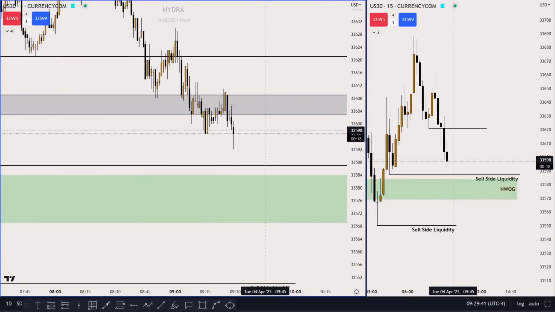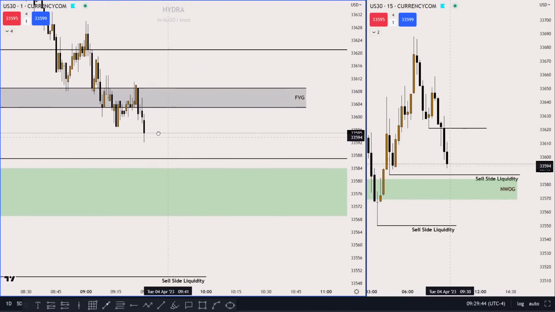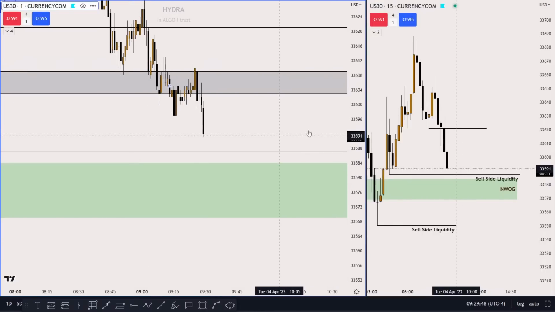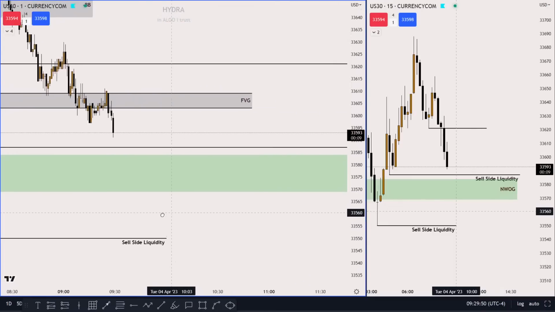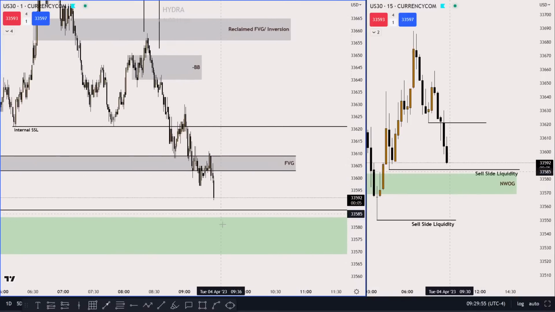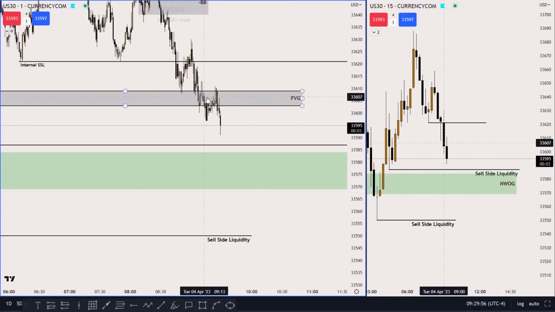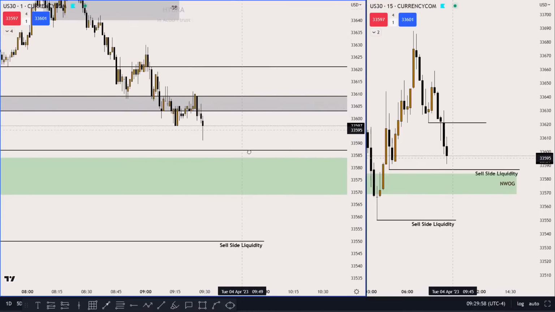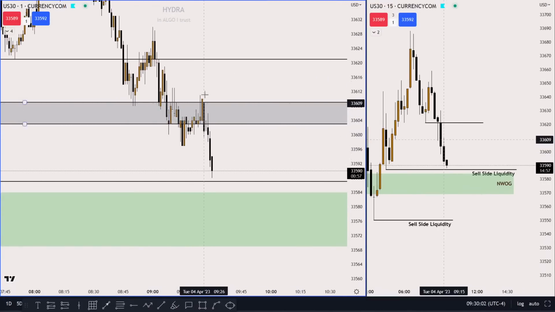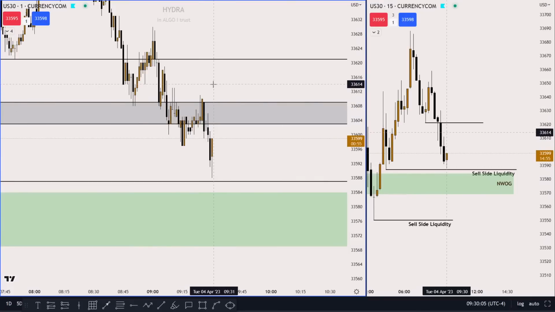So price is delivering just as we wanted to see, right? I told you guys when price was reacting in this fair value gap, if we are seeing a candle body closure above this fair value gap, we are heavy towards buy side.